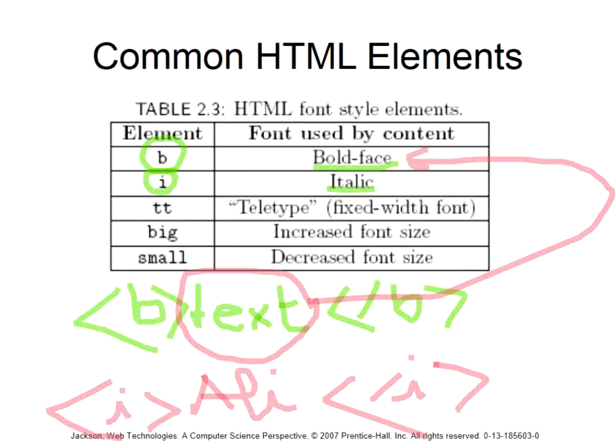Any question about bold and italic? Okay, so we can use TT or big or small. There are also tags used to modify the display of the text. So big, TT, small are tags in HTML.